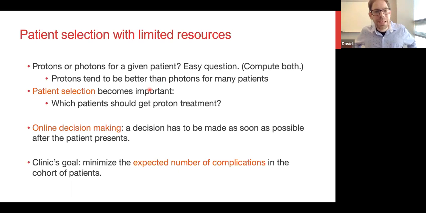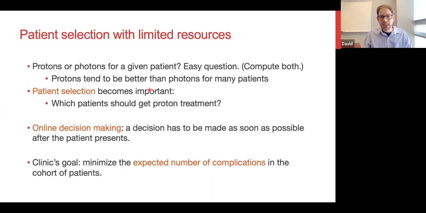And this is made all the more difficult because this has to be done in an online decision-making manner. The decision on the treatment has to be made as soon as possible after the patient presents. The scale of this is days. A patient comes in one day, it takes a number of days to do all the imaging, the treatment planning, etc. Maybe there's consultation with the family, the insurance company, whatever.